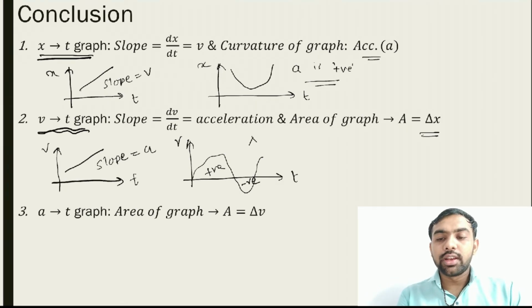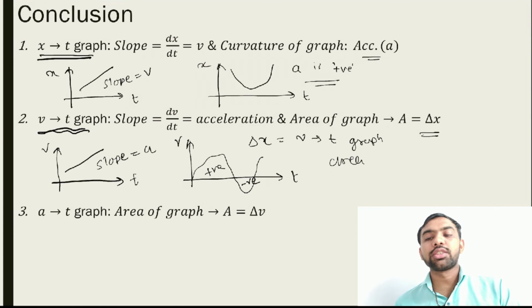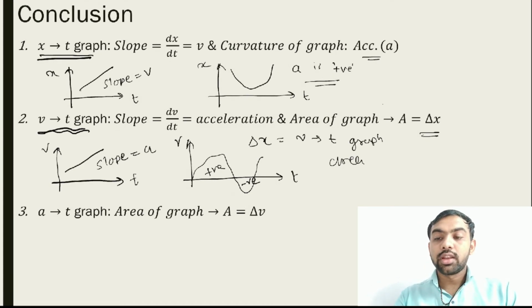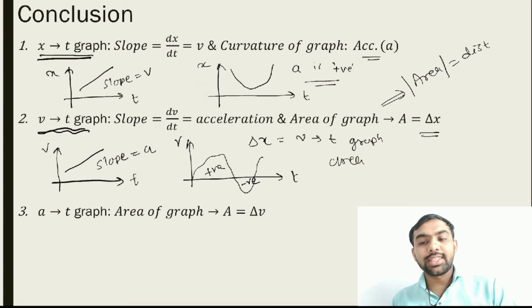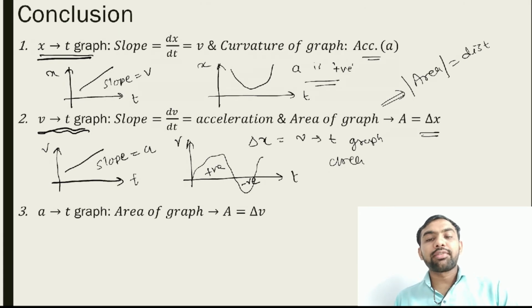What is this? Delta x is equal to the v versus t graph area. That is displacement. And if you find the distance, then mod area is equal to distance. अगर आप सभी एरिया को पॉजिटिव लेते हो तो डिस्टेंस मिलेगा, पॉजिटिव नेगेटिव दोनों साइन के साथ लेते हो तो क्या मिलेगा? डिस्प्लेसमेंट. ठीक है, सो v वर्सेस t ग्राफ कंक्लूजन.